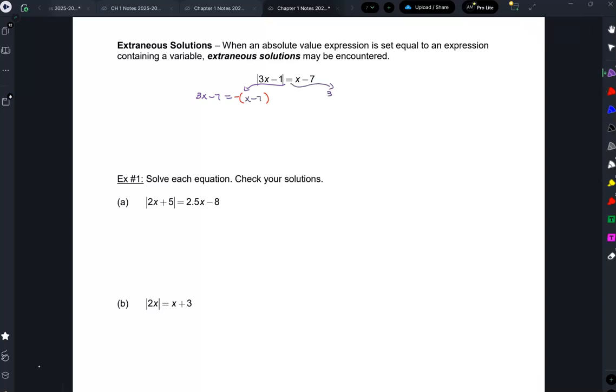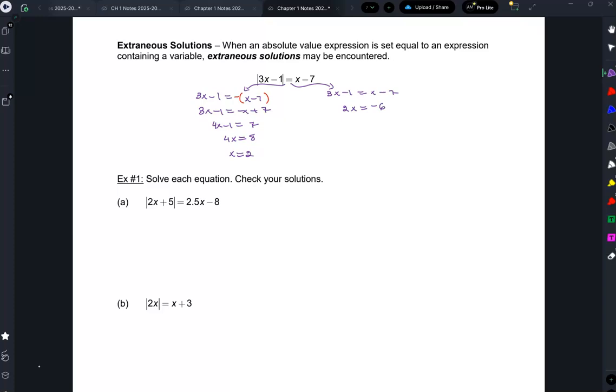And then 3x minus 1 is positive x minus 7. Now, let's solve this. 3x minus 1 equals negative x plus 7. So 4x minus 1 equals what? 7. 4x equals 8. X is 2.